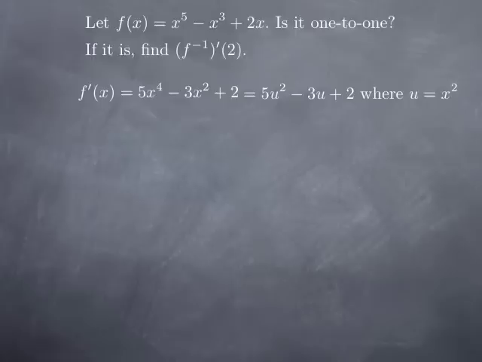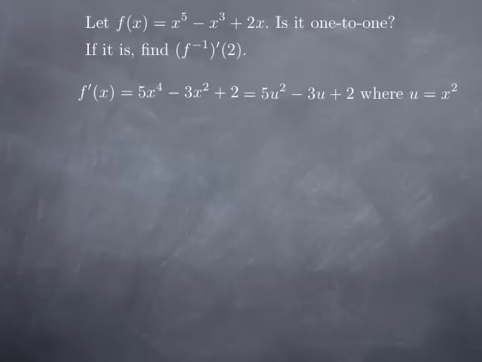So now we are interested in the sign of f prime, in other words, in the sign of the quadratic function 5u squared minus 3u plus 2. But the sign of a quadratic function is easy to find, and first we need to find the zeros to see if it changes sign. So if we look for the solutions to 5u squared minus 3u plus 2 equals 0, we use a quadratic formula, and in the quadratic formula, remember that you have this expression b squared minus 4ac that you plug inside the square root.